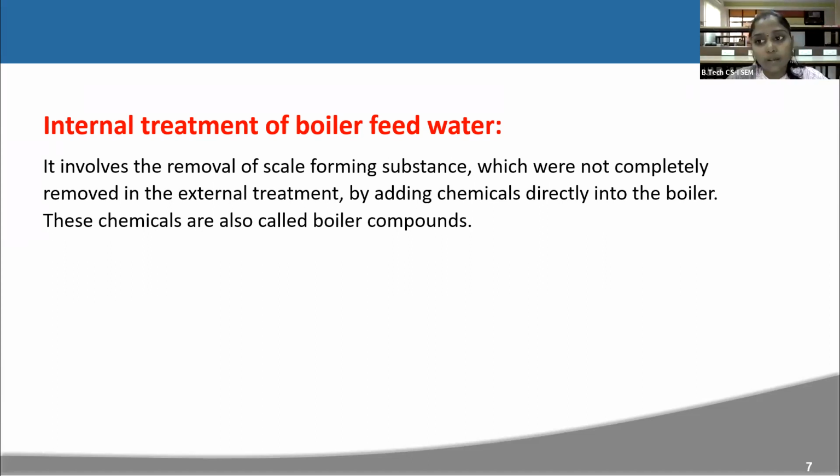So we have to remove the impurities. If it is not possible through external treatment, we can go for internal treatment of boiler feed water.